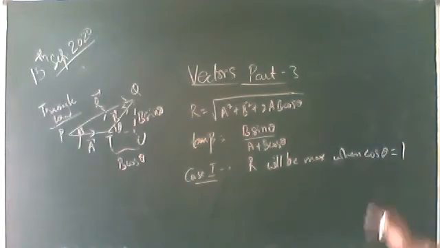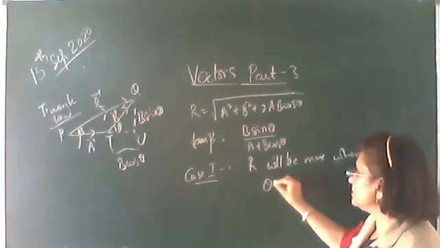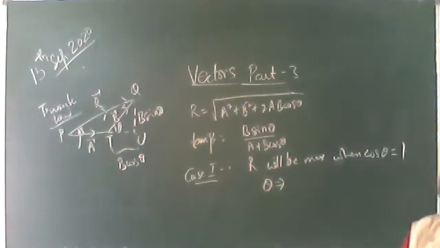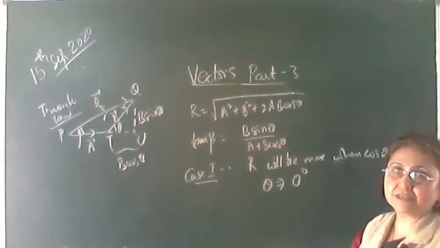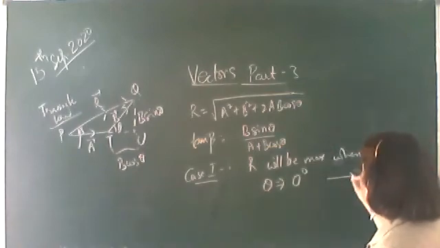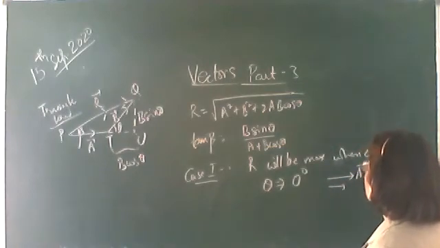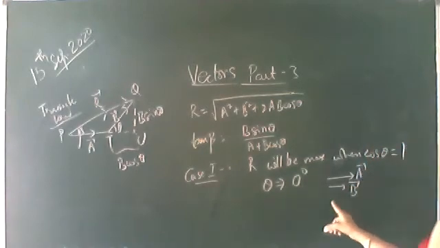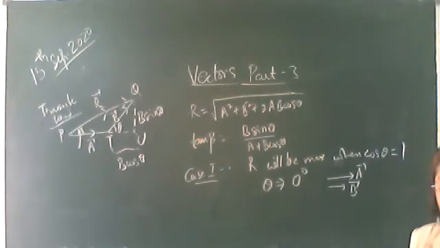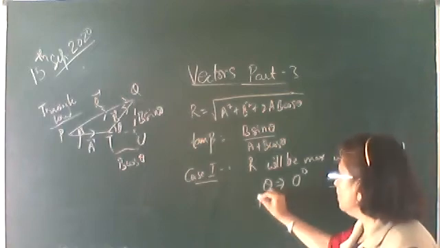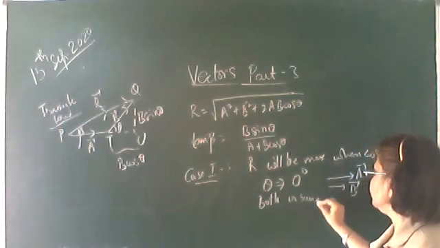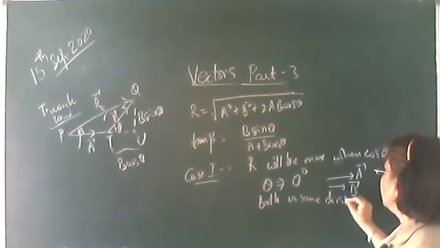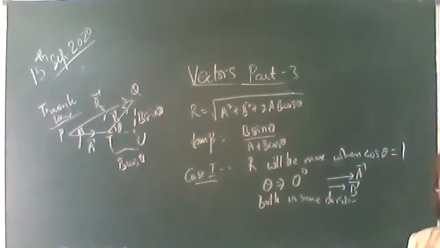So R will be maximum when cos theta is equal to 1. And when is cos theta equal to 1? When theta is equal to 0 degree. That is, the angle between A and B vectors is 0 degree, that is both the vectors are acting in the same direction. Then the resultant will be maximum.